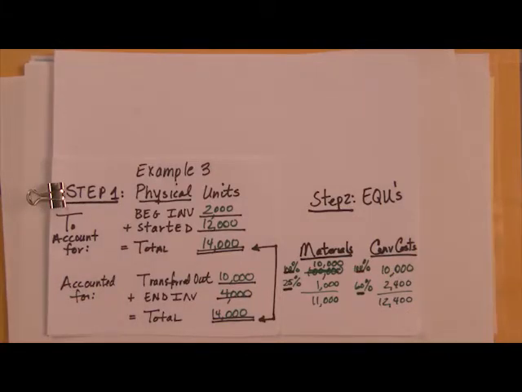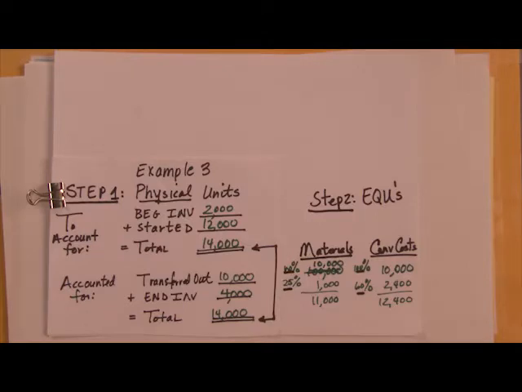Now, it's important to talk about this right now because this is the weighted average approach. And you'll notice that even though the problem talked to us about the percentage of completion for the beginning inventory, we do not use that information when we do step 2. The reason for that is, remember, we are not keeping beginning inventory separate.